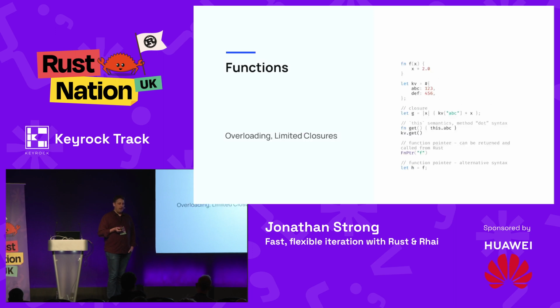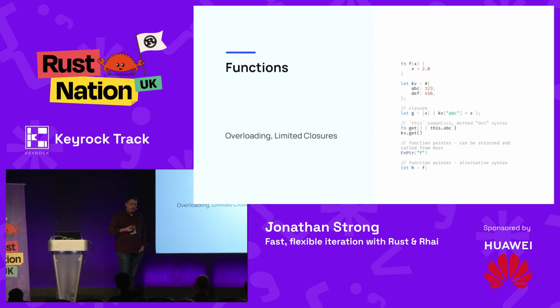That's how it's different. Functions are kind of interesting in Rhai, and there are a few notable things about them. One of which is that closures are pretty limited. They can close over variables, but they can't really modify them, or it's very hard to modify them. So you can't do the kind of thing in Lua where you would enclose over some local state to the function and modify it.